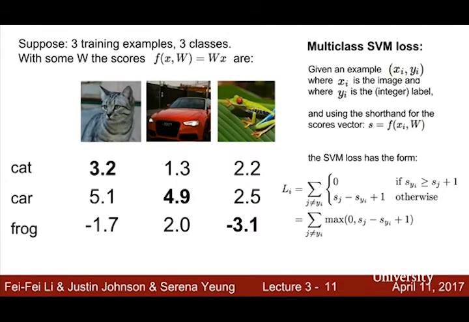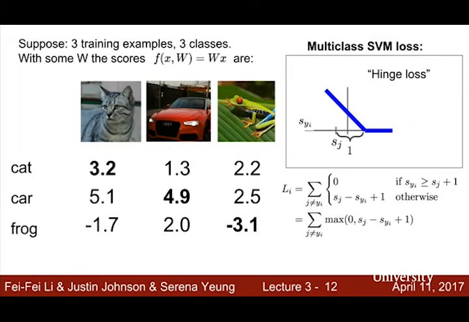Now, if the score for the correct category is greater than the incorrect score by some safety margin that we set to 1, that means the score for the true category is much larger than any of the false categories, and then we'll get a loss of 0. And we'll sum this up over all of the incorrect categories for our image, and this will give us our final loss for this one example in the data set. And again, we'll take the average of this loss over the whole training data set.